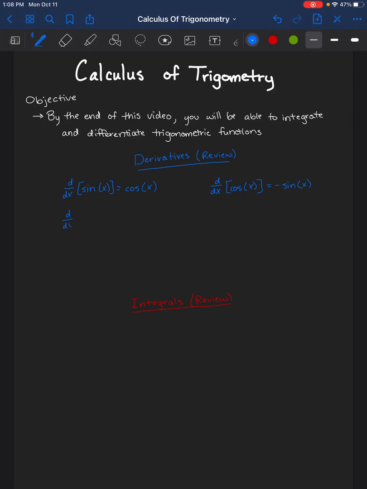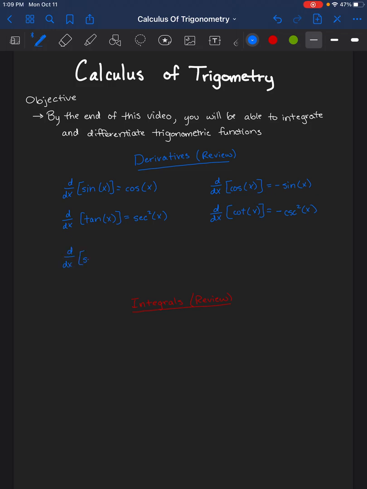So we're going to take the derivative of tan x next. And the derivative of tangent is secant squared. Continuing the same line of reasoning, if I take the derivative of cotangent, instead of it being secant, we're going to have cosecant squared. And again, we're going to have to change it from positive to negative or negative to positive.